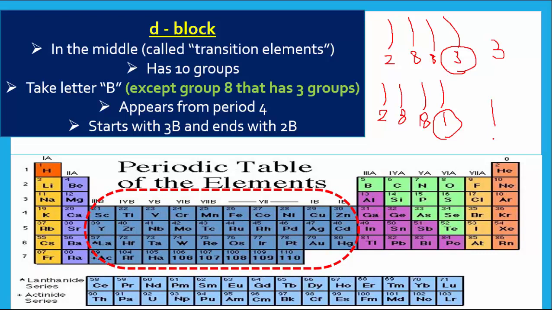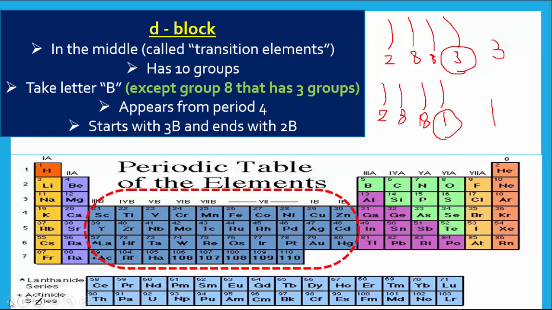So that's why we put the name of the first group in the D block as 3B: 3 here because the last energy level has 3 electrons, and here 1B for copper because it ends with 1 electron. I think now you know 2 things: why we started with 3B, and what's meant by distributing the elements according to the filling of energy levels.